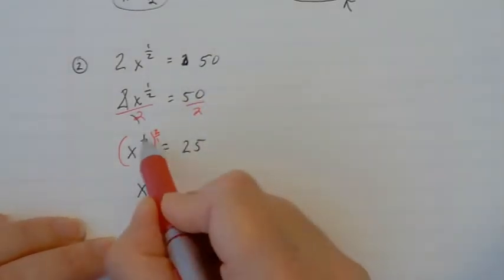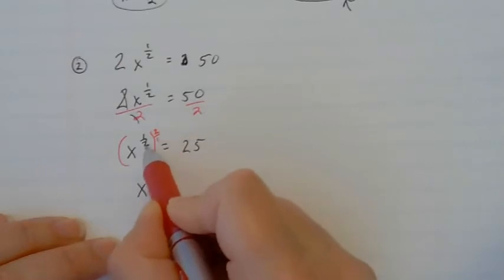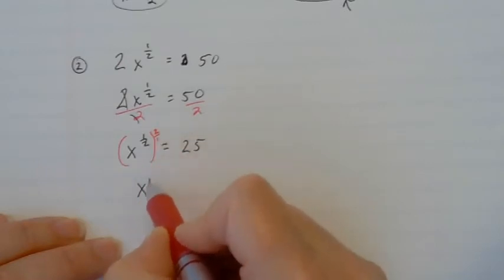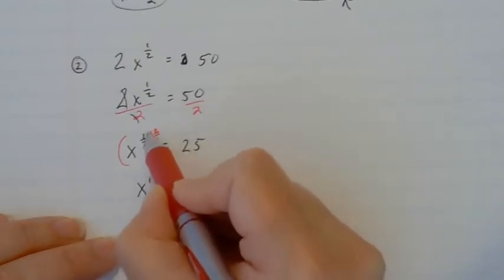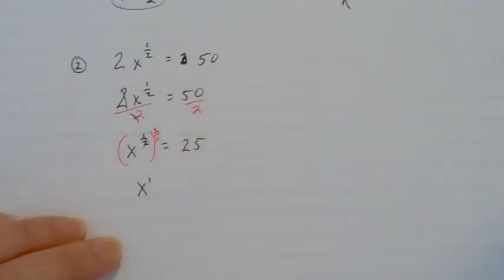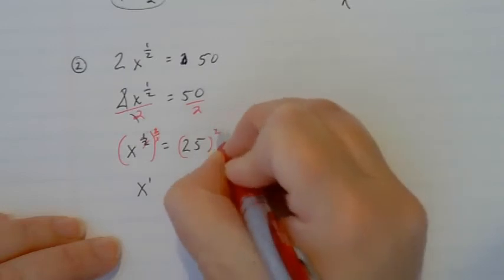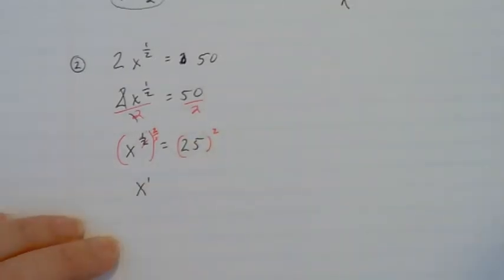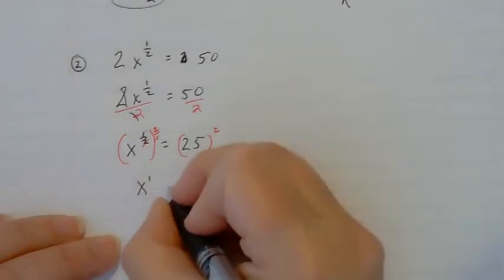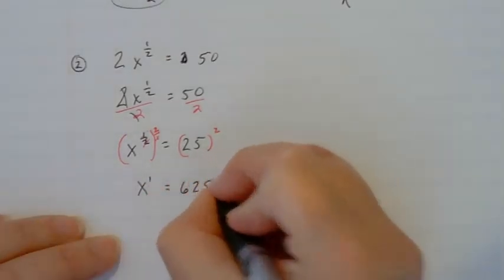Because when I multiply now, I have 1 times 2, which is 2, 2 times 1, which is 2, and 2 over 2 is 1. So these, being the reciprocal, are just going to cancel out. Since I took this to the 2 over 1 power, I have to also take this to the 2 over 1 power. So then I'm going to square 25, and the square of 25 is 625.